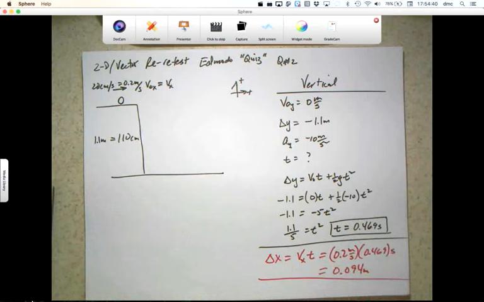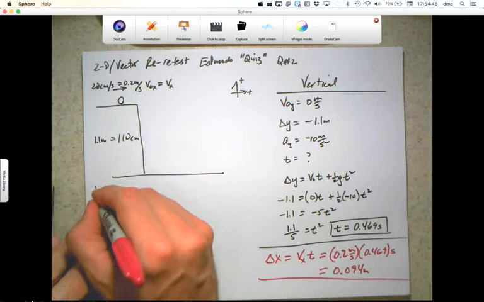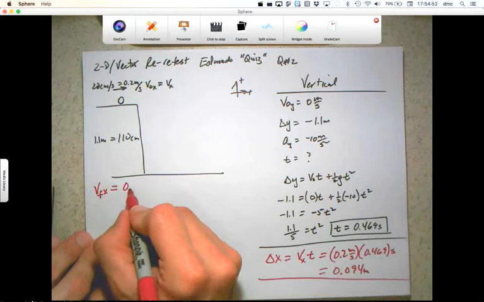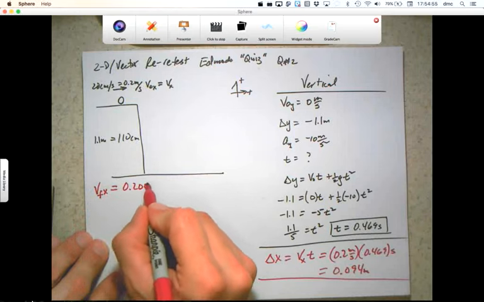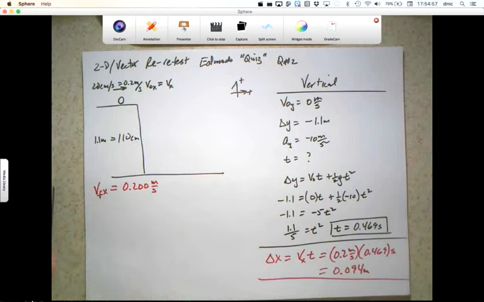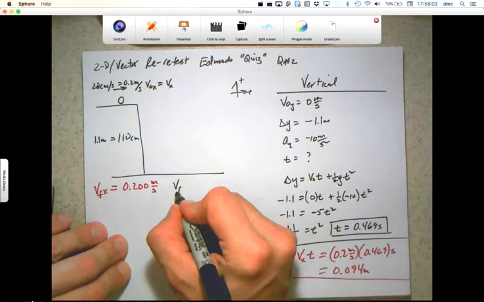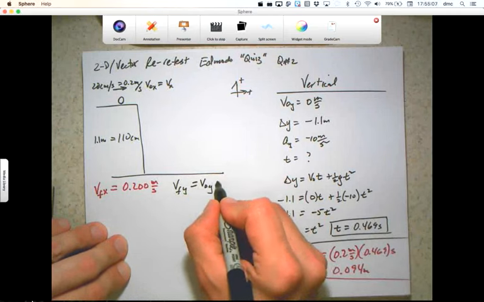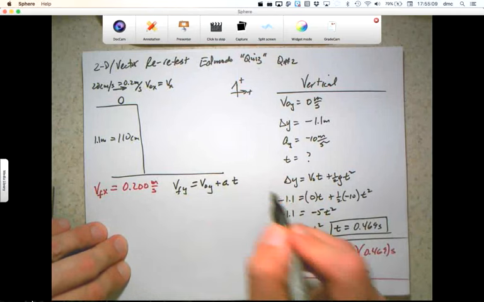Third question. The velocity of the marble just before hitting the floor has the horizontal component of, okay, well, horizontally, v final in the x direction is 0.200 meters per second because it doesn't change. Vertically, v final in the y direction equals v initial in the y direction plus the acceleration times the time falling.